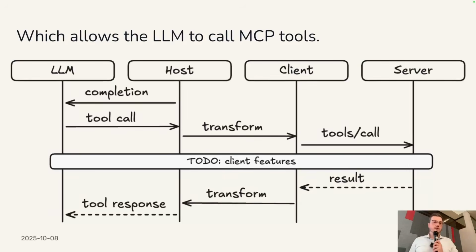Right. Once we have that, we do an actual tool call, which is the host kicking off a completion or an agent trace or whatever, and that passes over to the LLM. The LLM then runs through its steps, eventually says, hey, can you call this tool? That then creates a tool call that goes back to the host. The host then takes that request from the LLM, transforms it into something that the MCP can understand, gives that to the client, talks to the server, then fancy client features, to do, aka next slide.